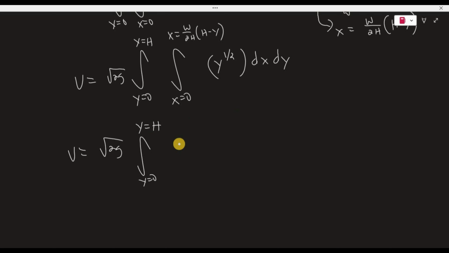Now y is a constant with respect to x, so the integral of y to the 1/2 with respect to x is just x y to the 1/2, and then the limits of integration are from x equals 0 to x equals w over 2h times (h minus y), then dy.